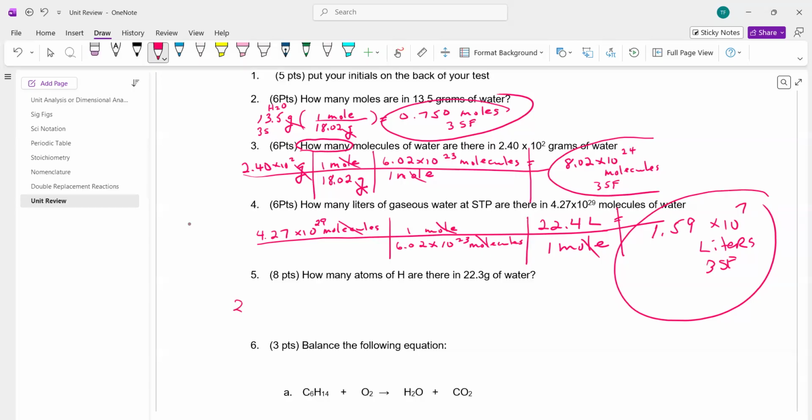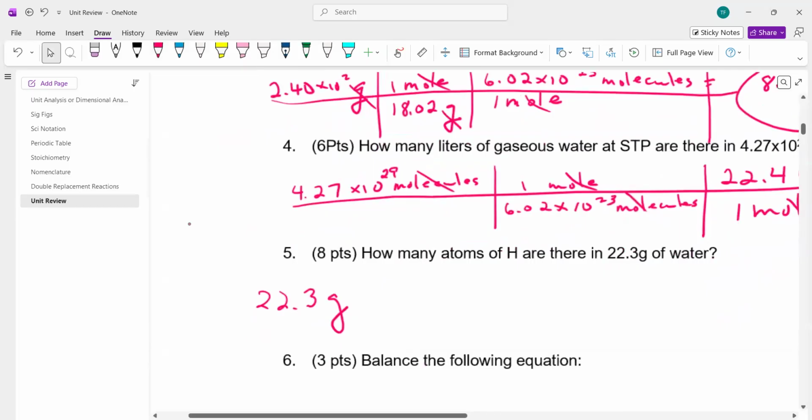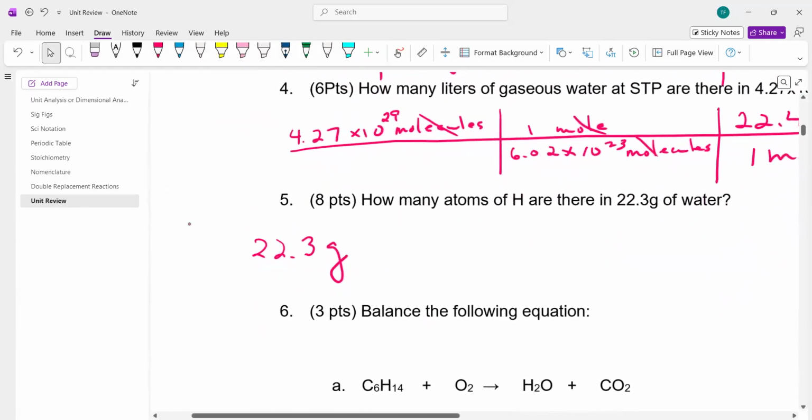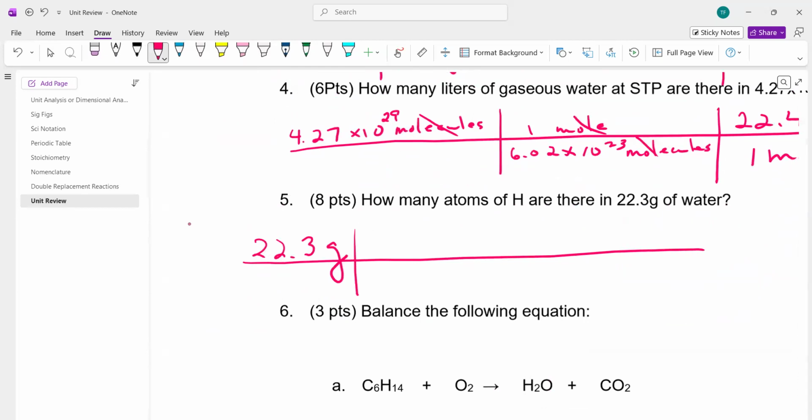So we need to figure out molecules of water first before we go to atoms of hydrogen. So we're going to go through the same old conversions. Now we need to go to molecules.